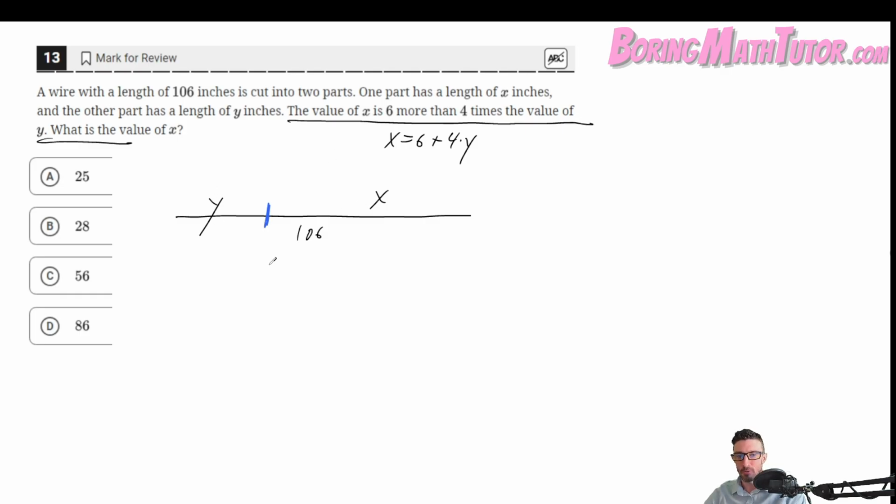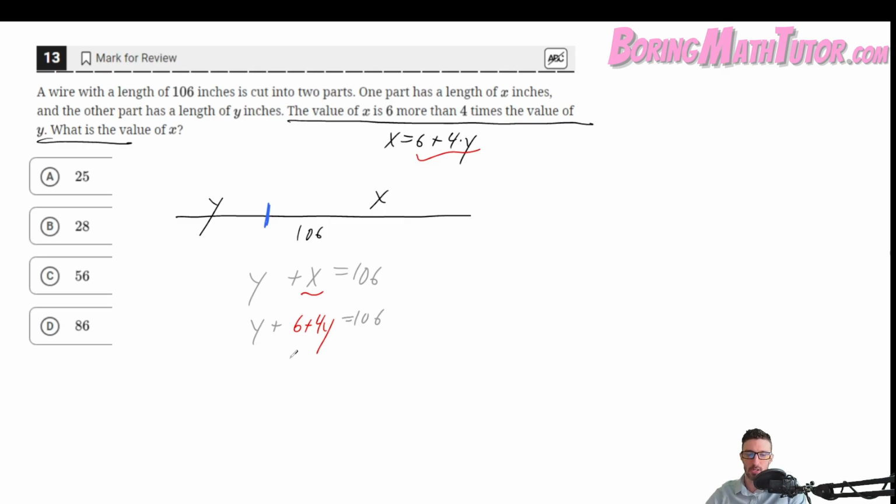But I know another equation I can write down just based upon how the diagram is drawn. I can say that X plus Y has to equal 106. But I know that 6 plus 4y, that is equal to x. So I can just put 6 plus 4y where I see the x, keep everything else the same.